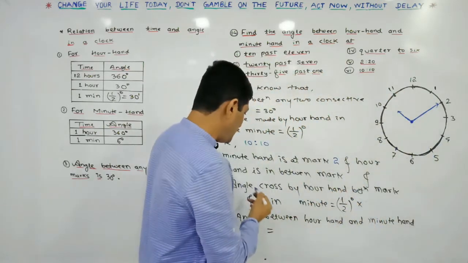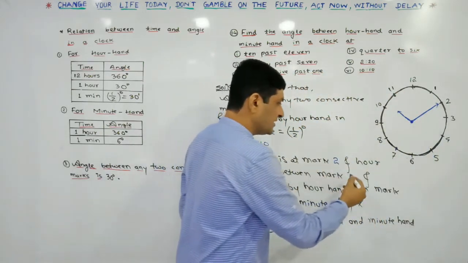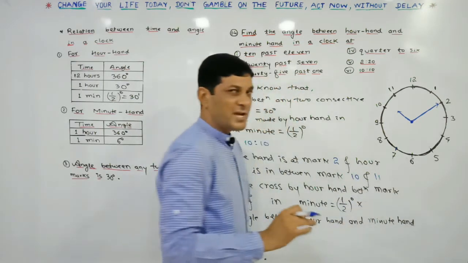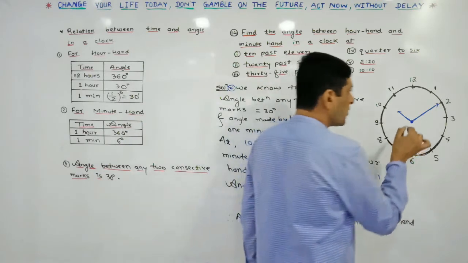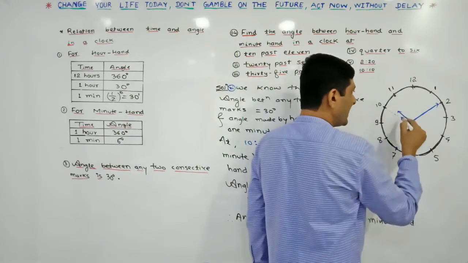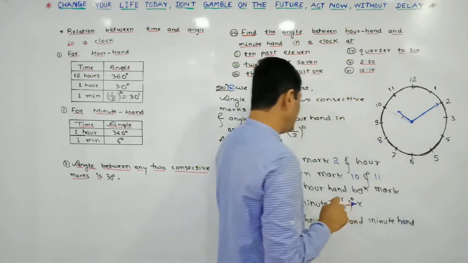So the position of the hour hand is in between marks 10 and 11. Now we are trying to find out the angle crossed by this hour hand in between 10 and 11 in 10 minutes.